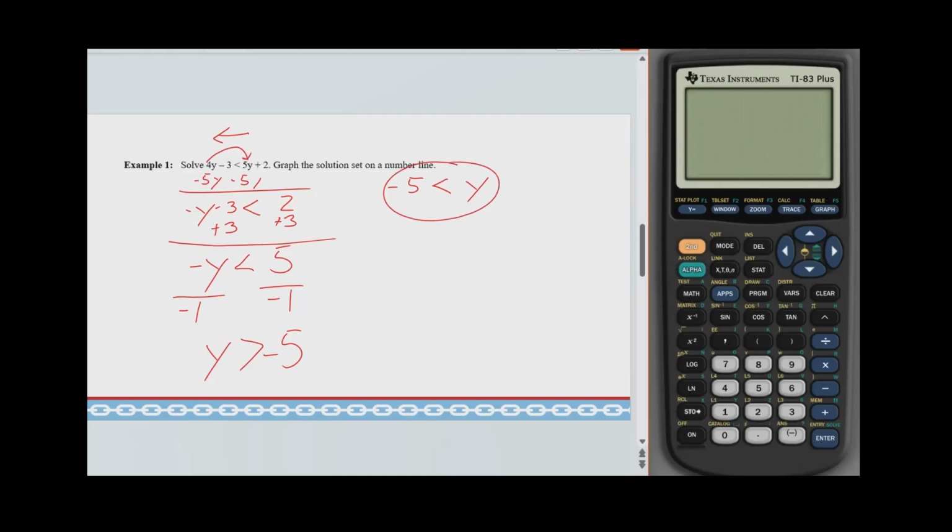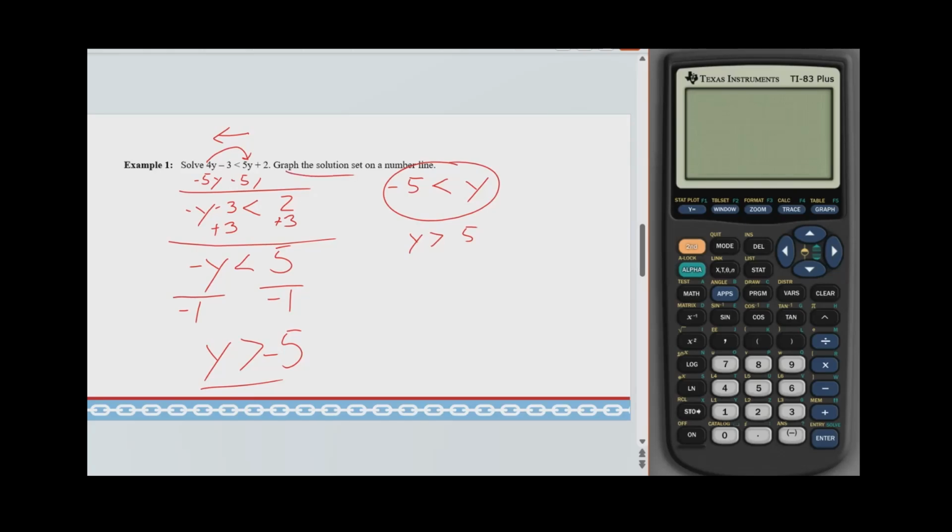So basically I flip it all over anyhow. This would have flipped over to this, which is what we ended up with here. I always like to do the same attack strategy all the time. So when I have an inequality, I move variables to the left side.